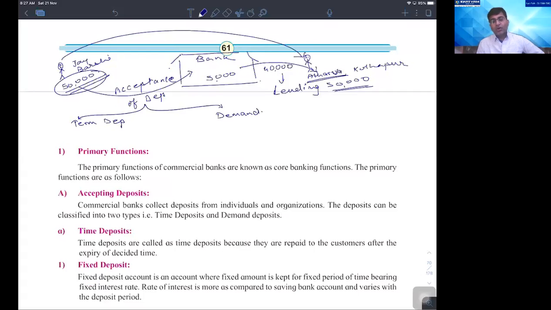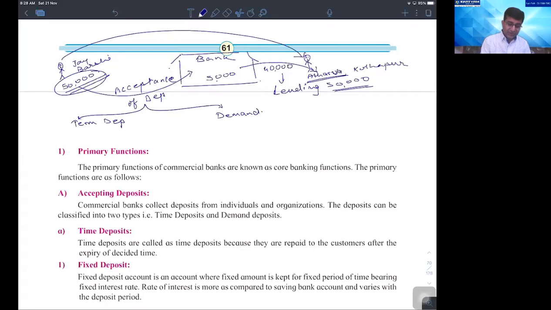Term deposit means what? For a specific term, the funds will remain with the bank and the bank will not be giving that money back to you. If you ask for the money earlier, then the bank reduces your rate of interest and levies certain penalties.